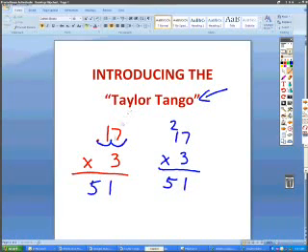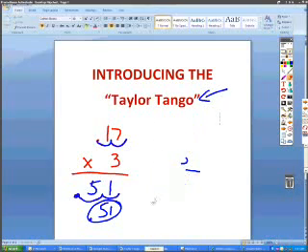The Taylor Tango says that if you take 2 steps to the right, you go down here and take 2 steps to the left, kind of like a dance. So your answer here, class, is 51 hundredths. Okay, now let me clear this and let's go over another example.